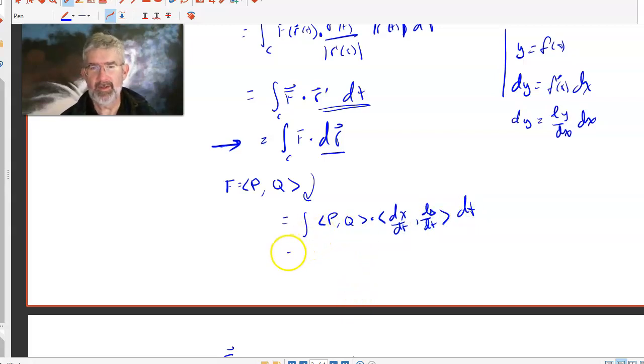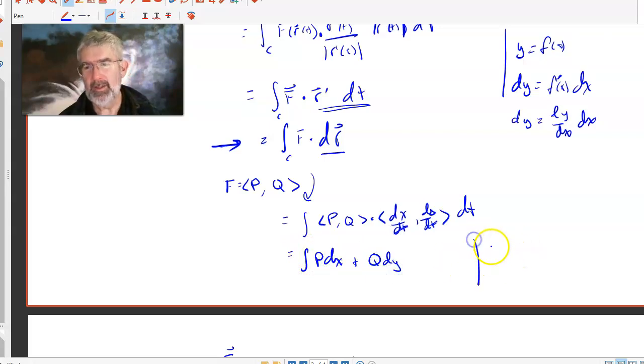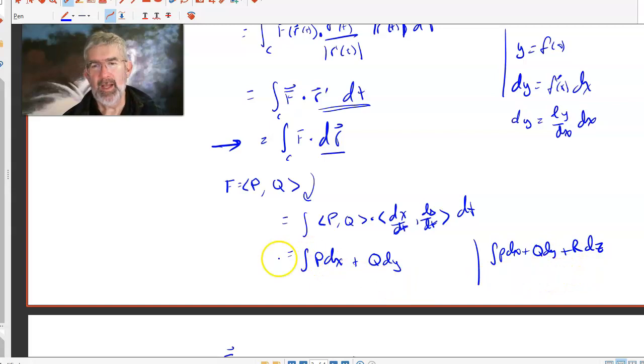You can think of the dt as being distributed in and canceling out, and I get the integral of p dx plus q dy, and in 3D this would be the integral of p dx plus q dy plus r dz.